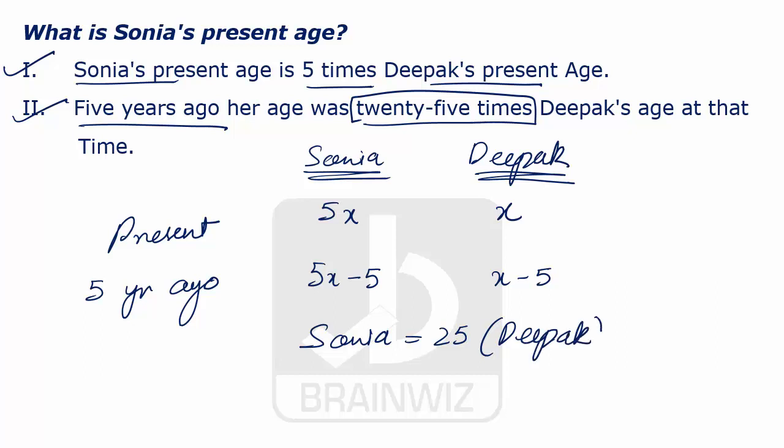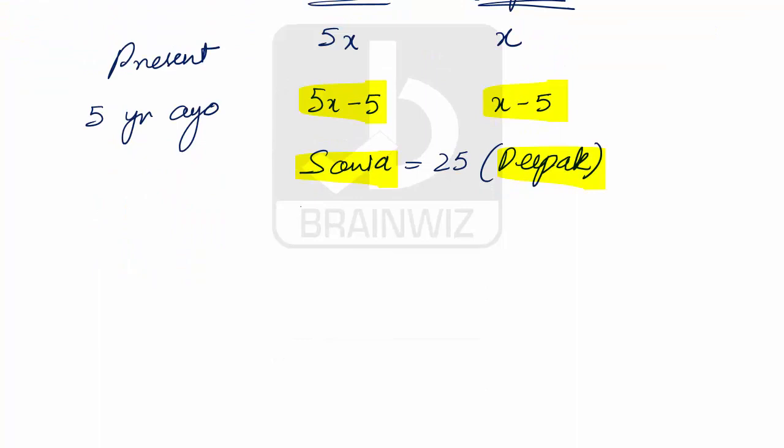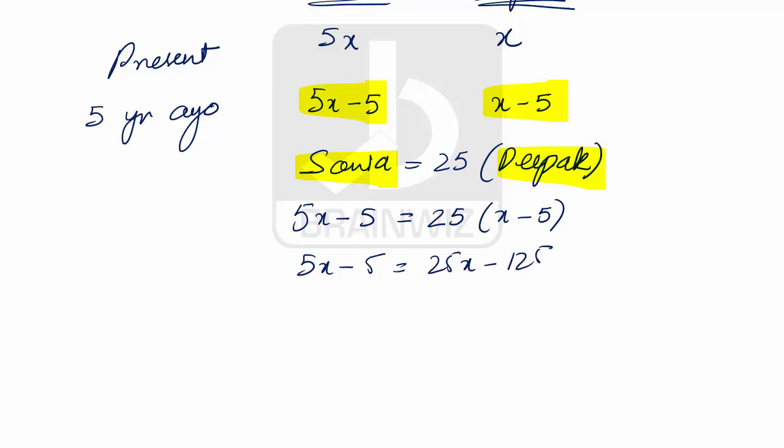Now we can substitute these values in the given equation. Sonia's age 5 years back is 5x minus 5 and Deepak's age is x minus 5. Substituting: 5x minus 5 equals 25 times (x minus 5). Opening the bracket, this is 25x minus 125.